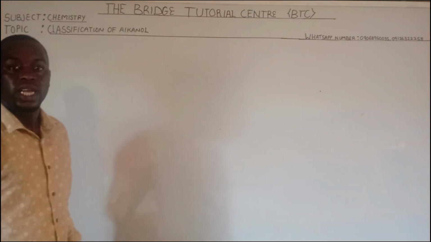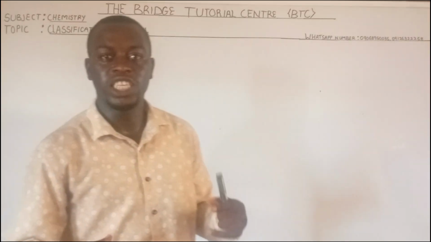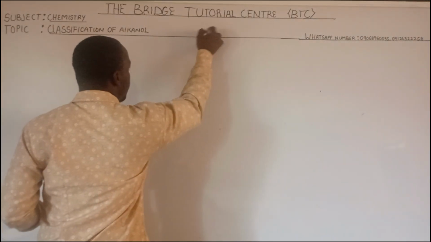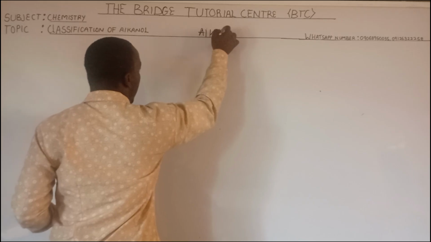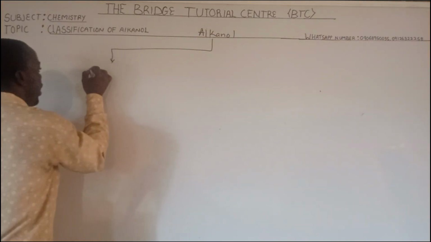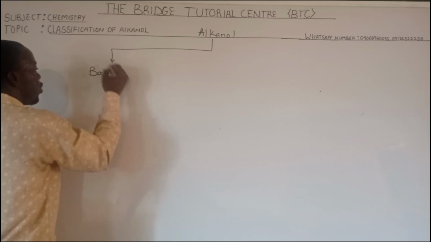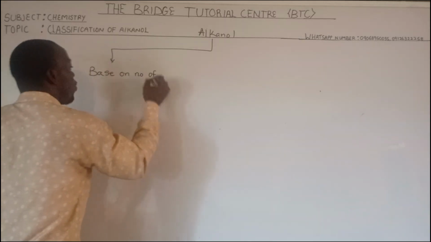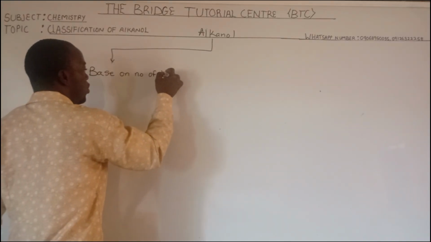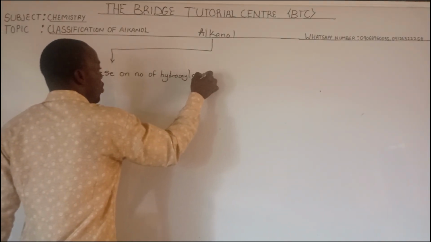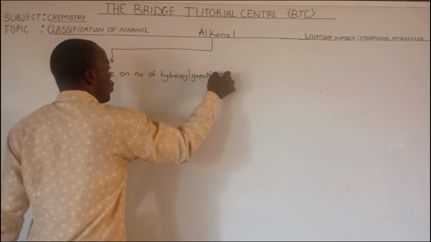Okay, the classification of alkanol is based on two major criteria. The first criteria, so let us use the table. We have alkanol. So if you want to classify it, the first one is based on number of hydroxyl group. Okay, we have hydroxyl group, which is OH.